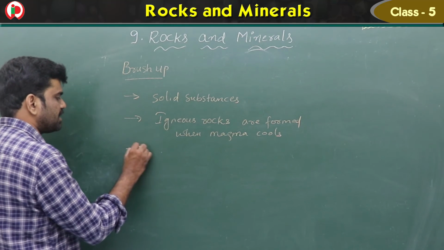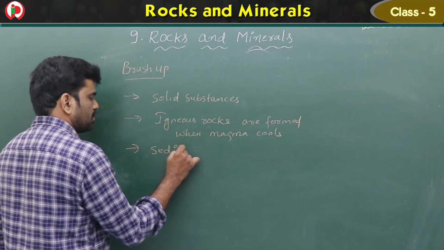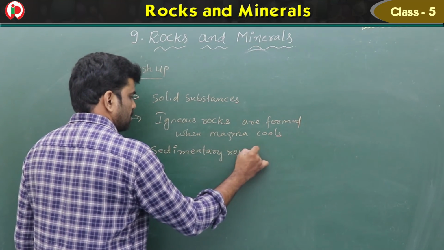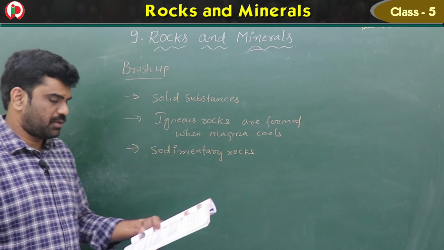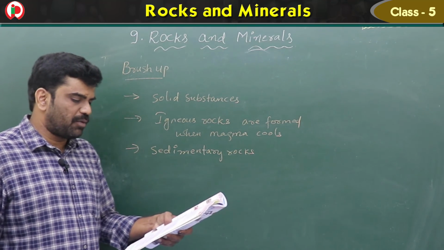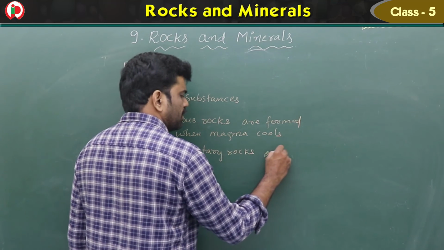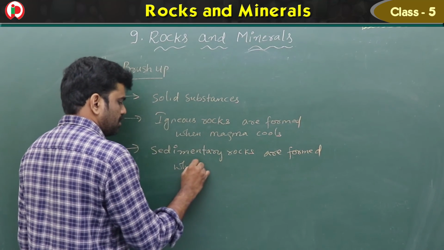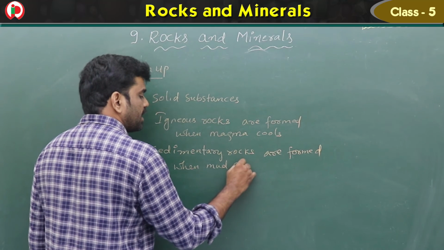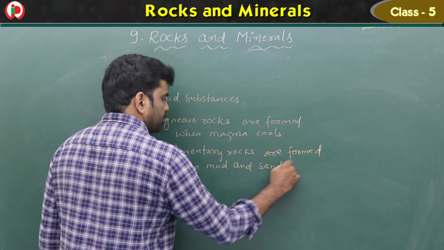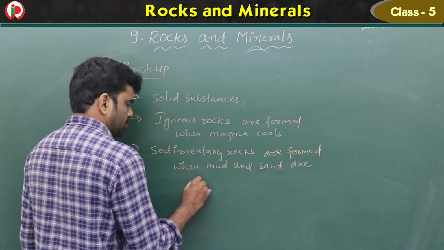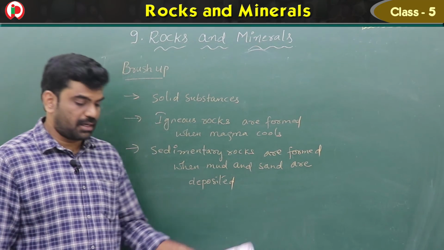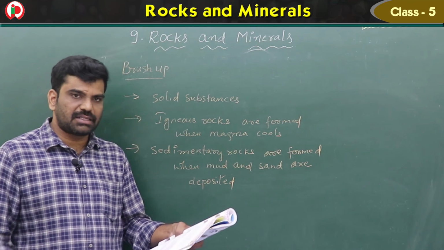Next one is sedimentary rocks. Sedimentary rocks are formed when mud and sand are deposited in layers on the earth's surface.